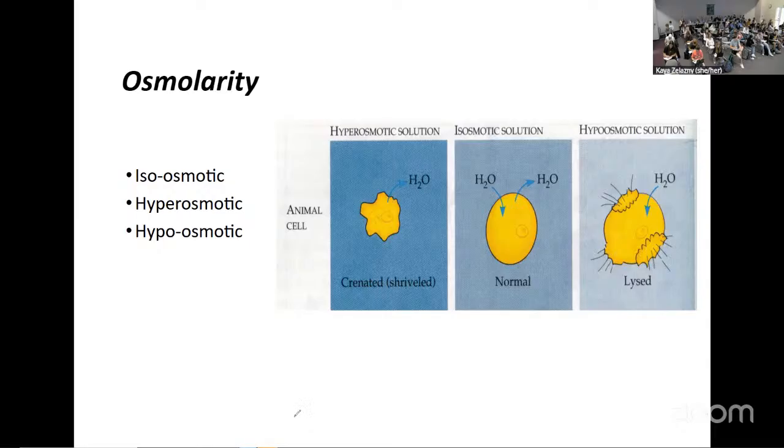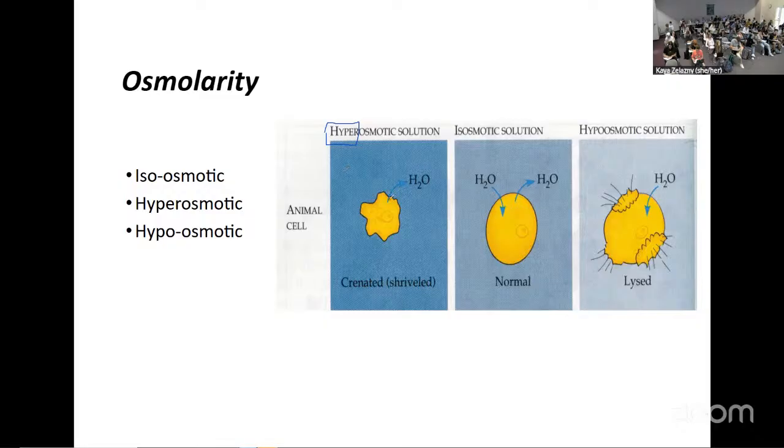We can have differences in the solution outside compared to the inside. So in a hyperosmotic solution, what we're thinking of is something that has a high osmolarity outside. So hyper, then extra, right? So higher osmolarity, our number of osmoles would be greater in the extracellular fluid.